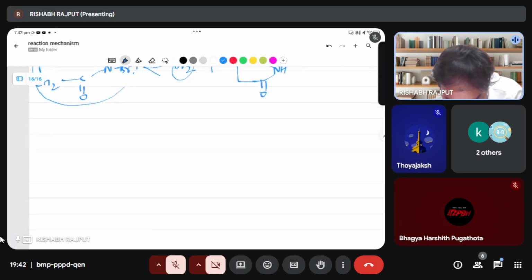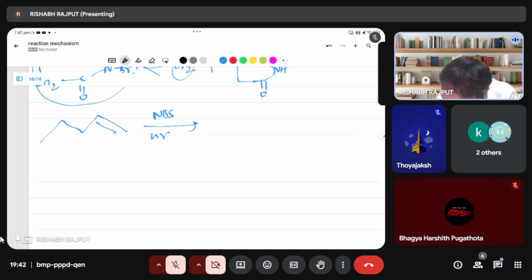So now what happens again here? I will make a diagram. I have NBS in the presence of light. Please tell me what product will form here.